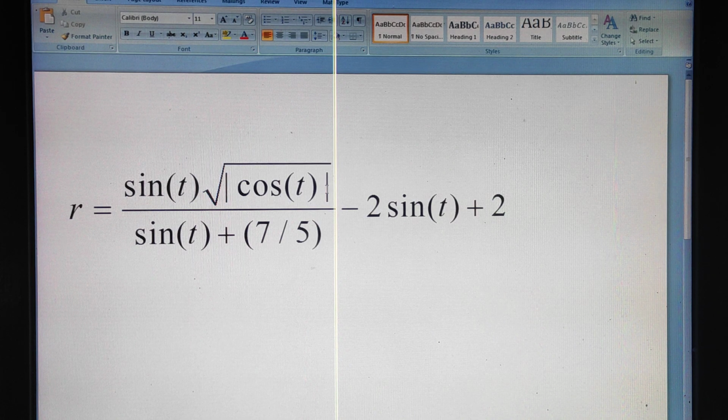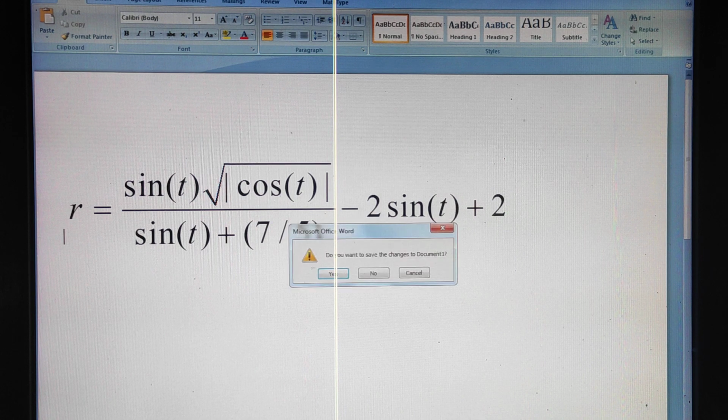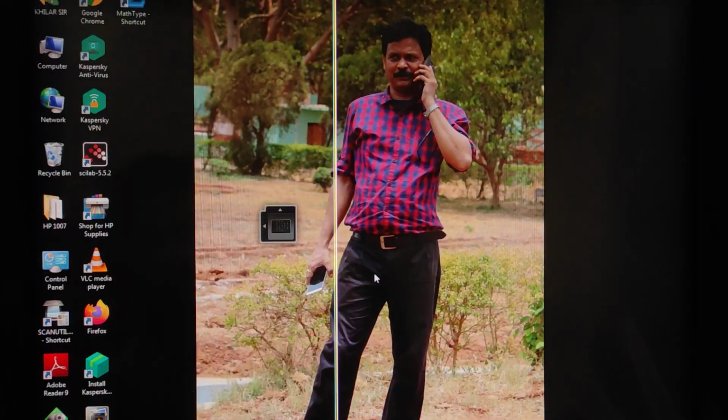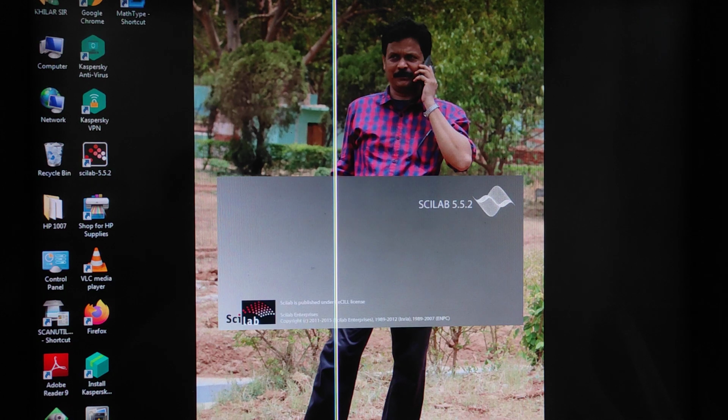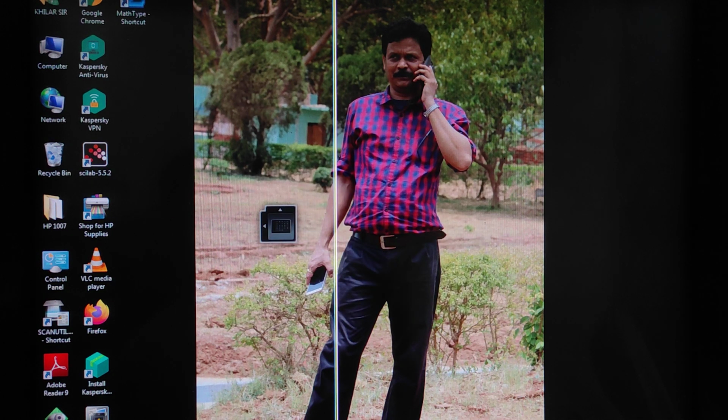Okay, so after that I'll show you the Scilab program, how to draw or plot this graph. Okay, so let us open the Scilab program and then I will show you how many lines you should write in the program and how the graph looks like.